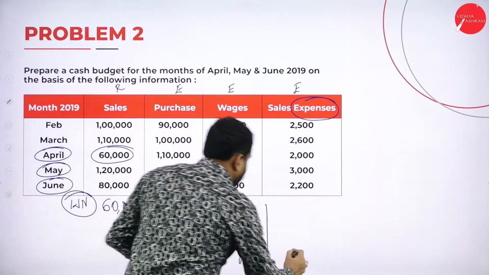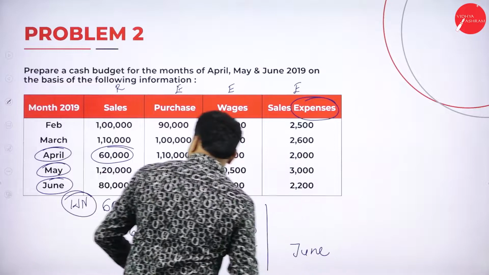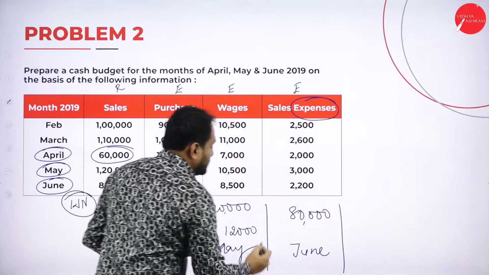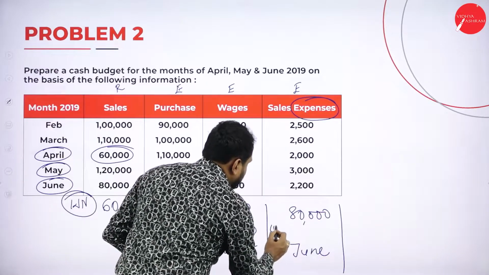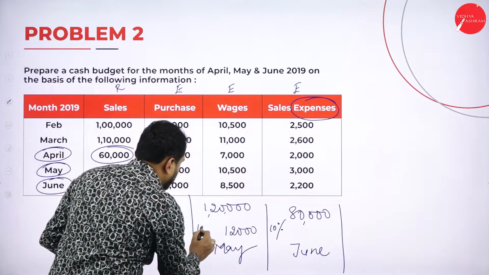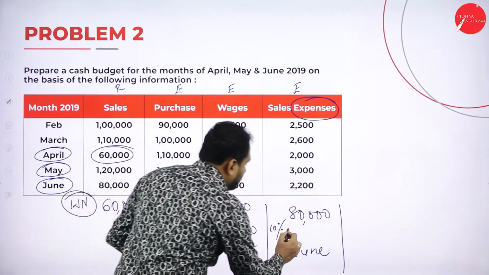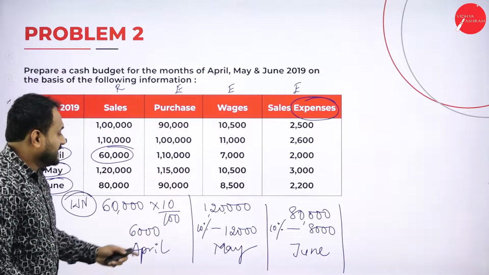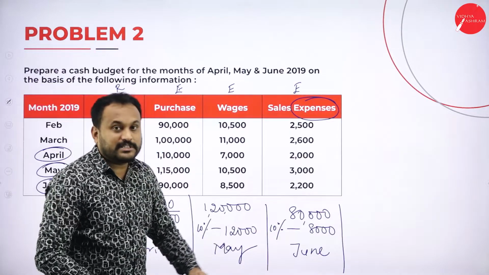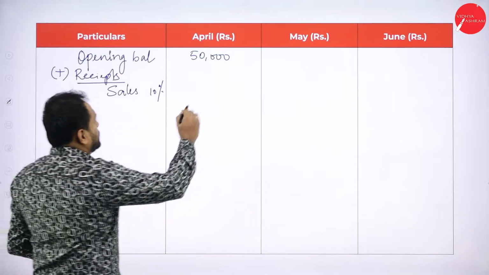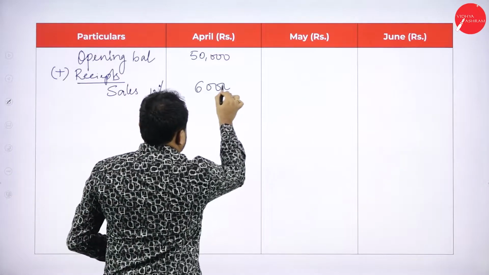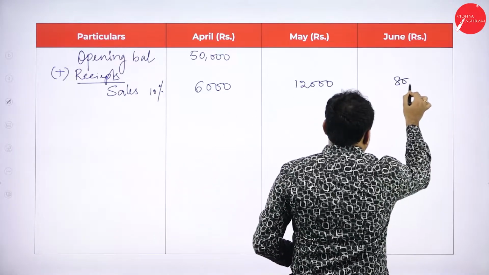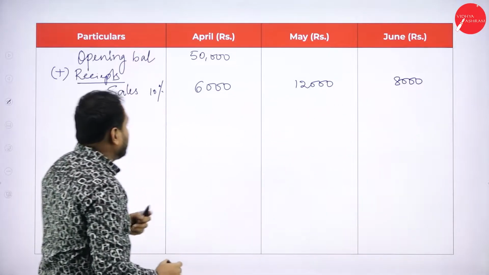And in the month of June, June is 80,000, and 10% is 8,000. So now I'll write: in the month of April 6,000, May 12,000 and June 8,000 respectively. So I'm done with 10%.